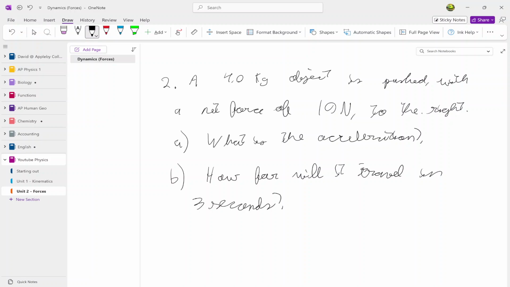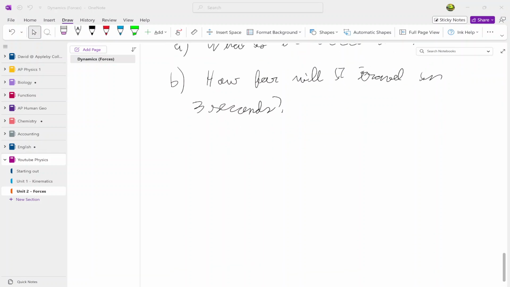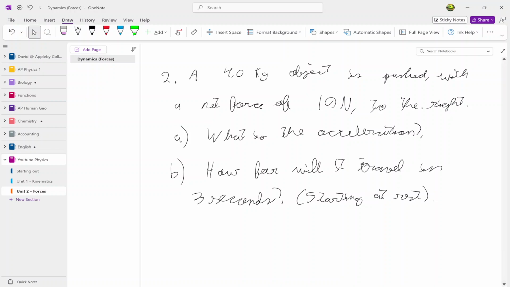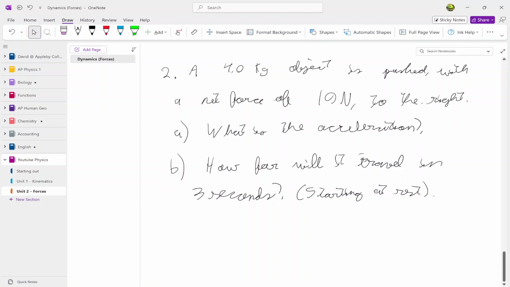I'll give you a little hint here: starting at rest. So a 4 kilogram object is pushed to the right with a net force of 10 newtons. What is the acceleration and how far will it travel in 3 seconds starting from rest? All right, so think about that for a bit.